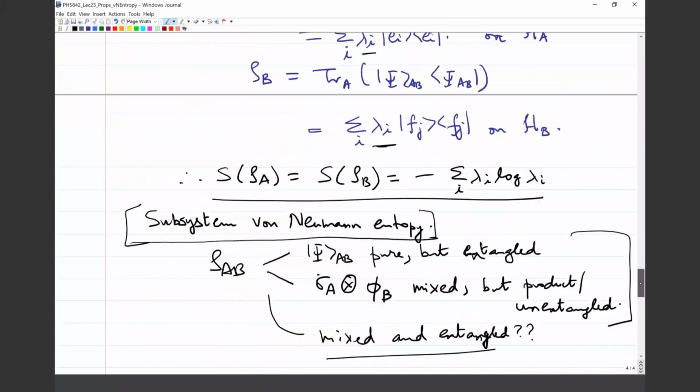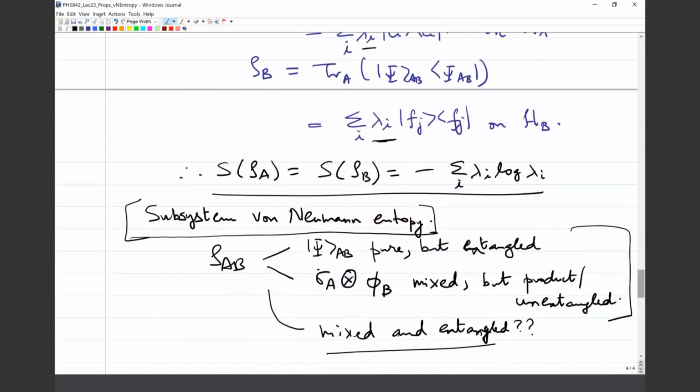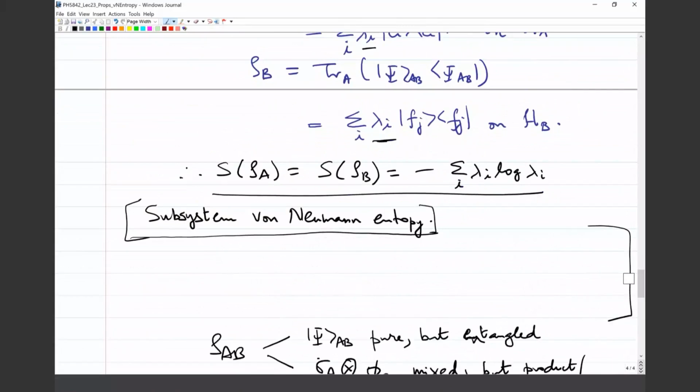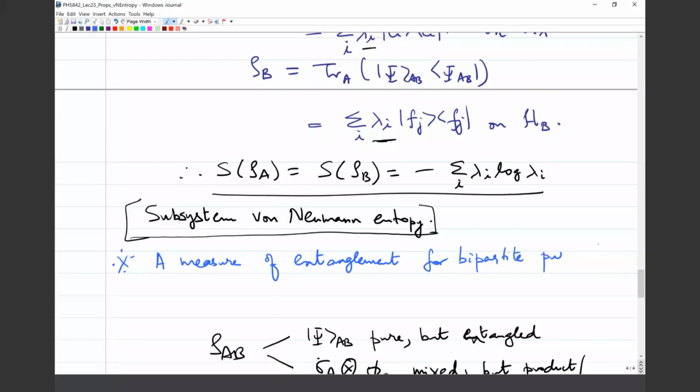So this constitutes a measure of entanglement for bipartite pure states, right?